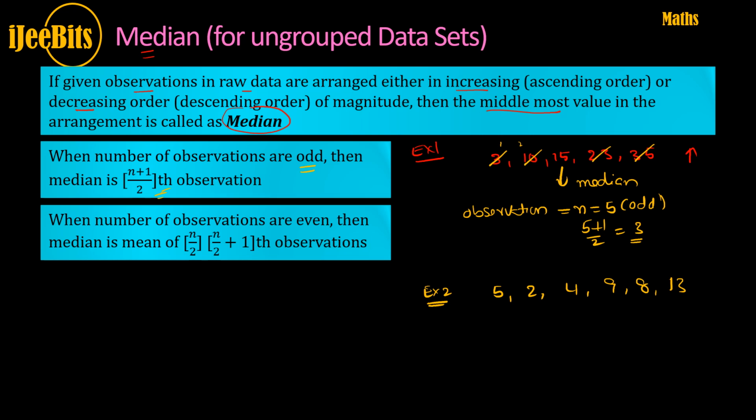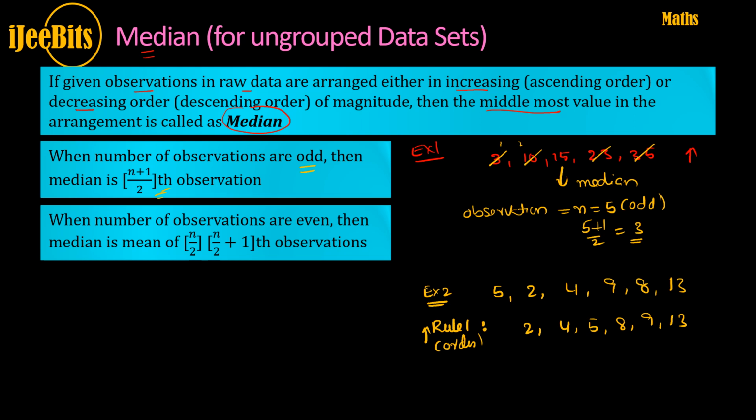But you have to make one arrangement. Let's rearrange them as rule number 1. Rule number 1 is an order, whatever it may be, either increasing or decreasing order. Let's do 2, 4, 5, 8, 9, 13. So I rearranged it. Correct?